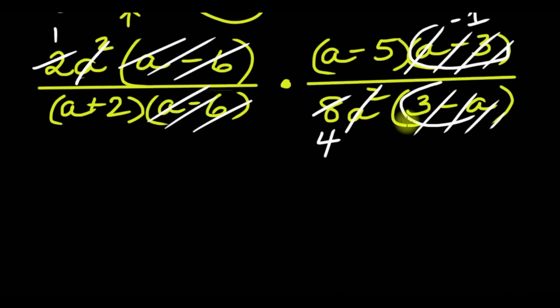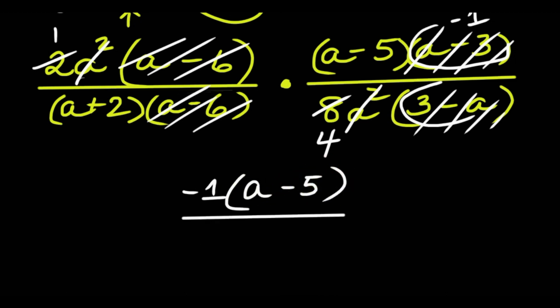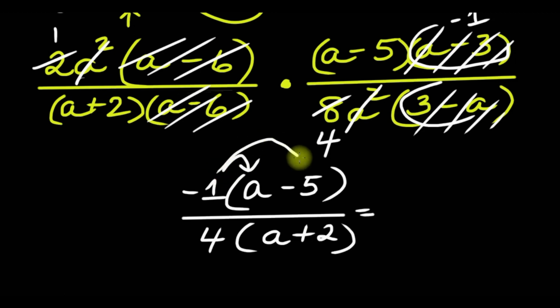Okay, it looks like I'm able to eliminate all the common factors. So in my numerator, I'm left with negative 1 times a minus 5. And my denominator is going to be 4 times a plus 2. So here, distribute the negative 1.